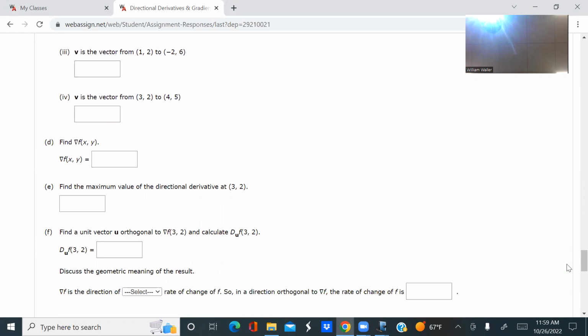Now they want us to deal with the gradient, right? The gradient tells us in which direction we want to move to get the maximum slope. So from this point, where would we probably move to go up that plane as quickly as possible?